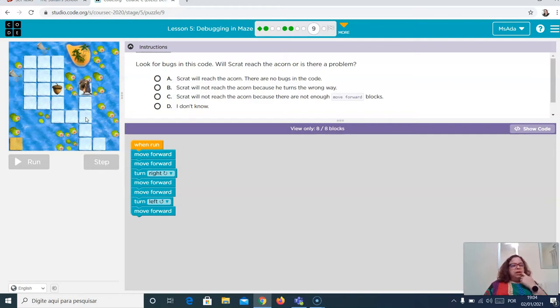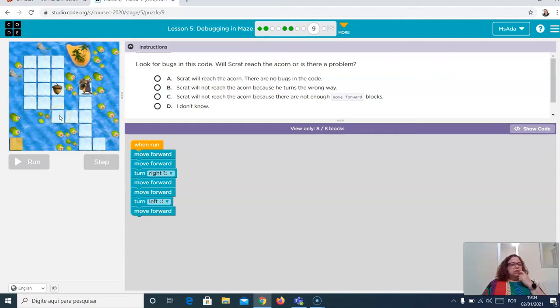Okay, turn right. It's gonna go in this direction. Good. So far so good. And then it tells it to go forward 1 and then forward 2 and to turn left. Left. Is it right?